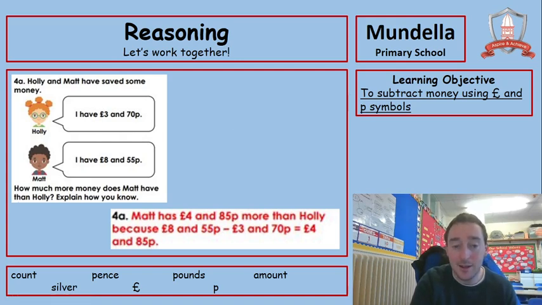That takes me up another step of £4. And then I've got 55p as well. So I add 55 to my 30p. That gives me 85p. And then I've got my £4 extra there. So who has more then? Well, Matt has more, and he has £4 and 85p more than Holly. Great, and that's how we can answer it in our reasoning.